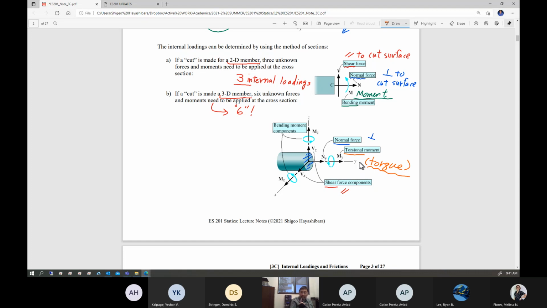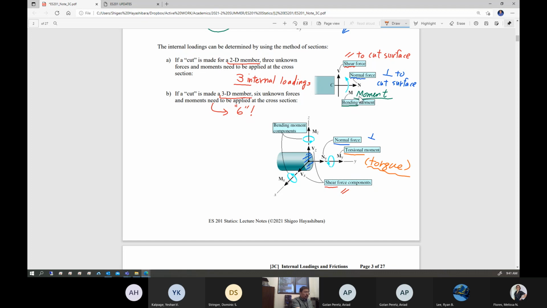So two different kinds of moment: torsional moment and bending moments. Two different kinds of forces: normal force and shear force. Okay, so that's the perspective of a three-dimensional material. Total six internal loadings.